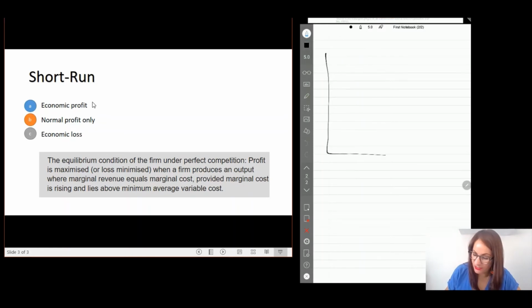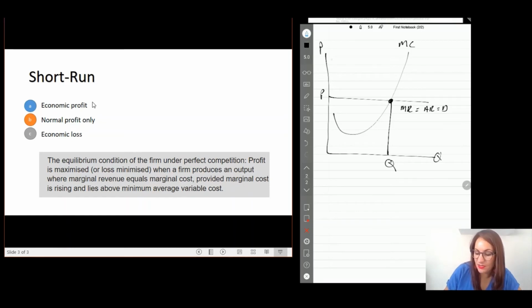A normal profit is where you have price and quantity, and remember it is a price taker. You take the price that is set in the market. You put your MC curve here. You indicate your profit maximizing point. And because a normal profit means economic profit is zero, your costs and your revenue will cancel one another out.